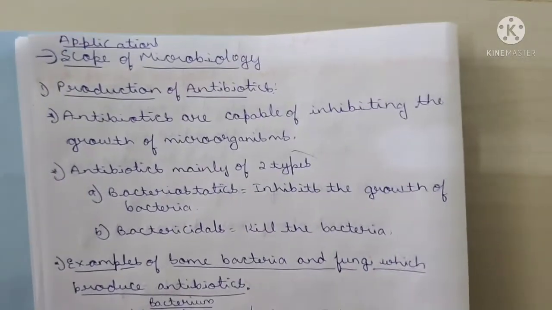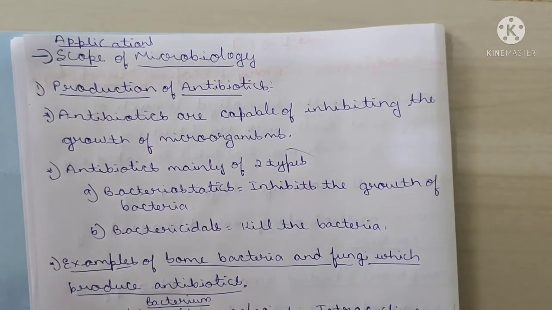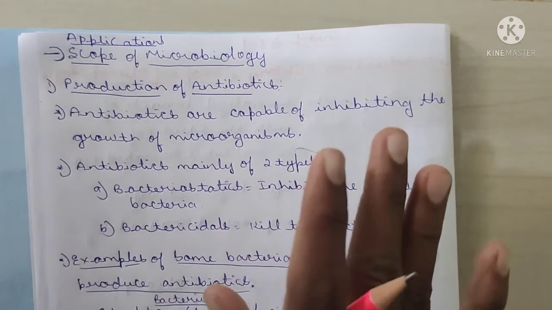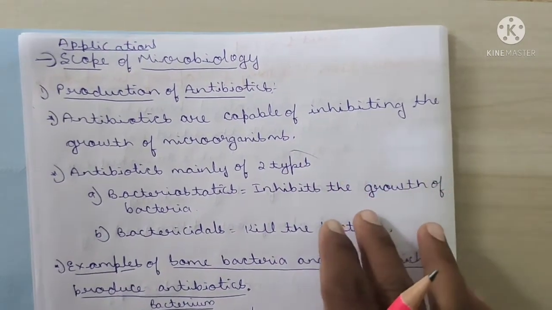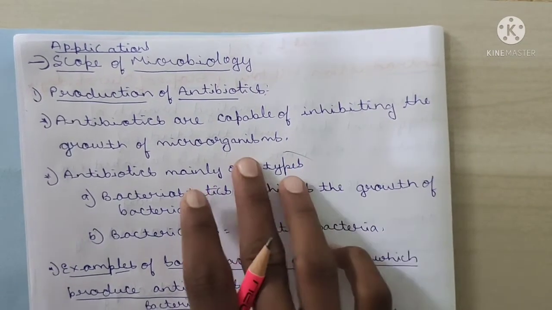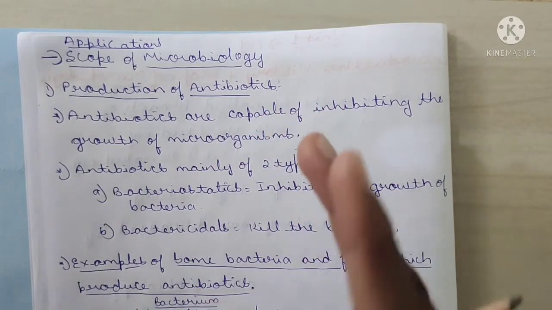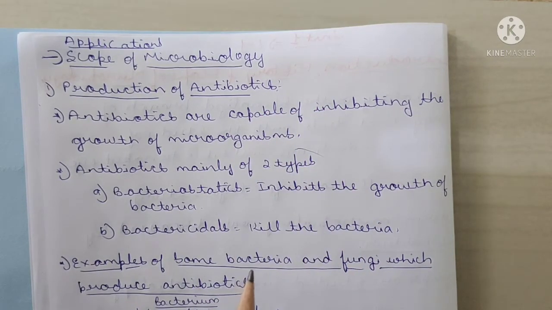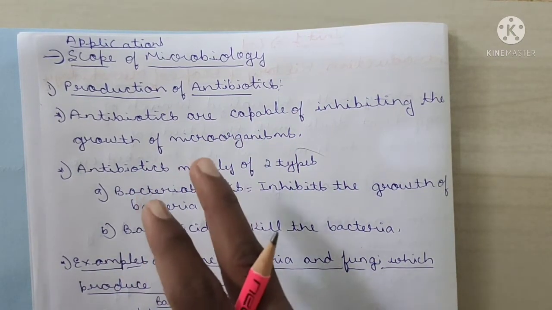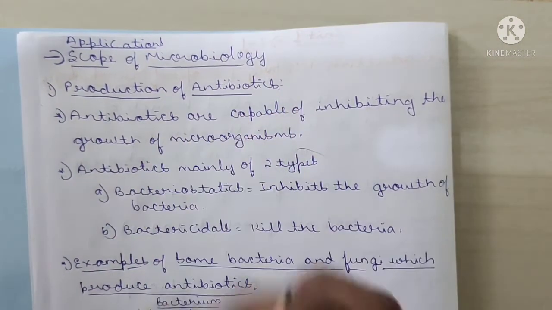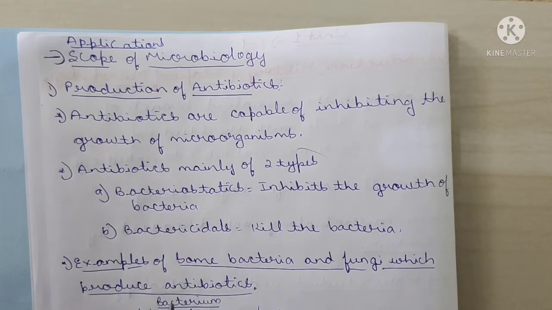My dear brothers and sisters, the scope of microbiology in the production of antibiotics: as you know, antibiotics are capable of inhibiting the growth of microorganisms. Anti means opposite to these microorganisms. We are using antibiotics, and these antibiotics are derived from microbes. They are capable of stopping the growth of microorganisms.